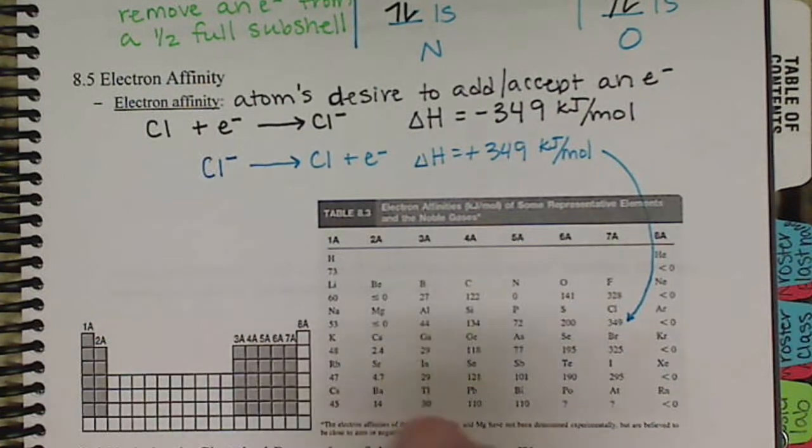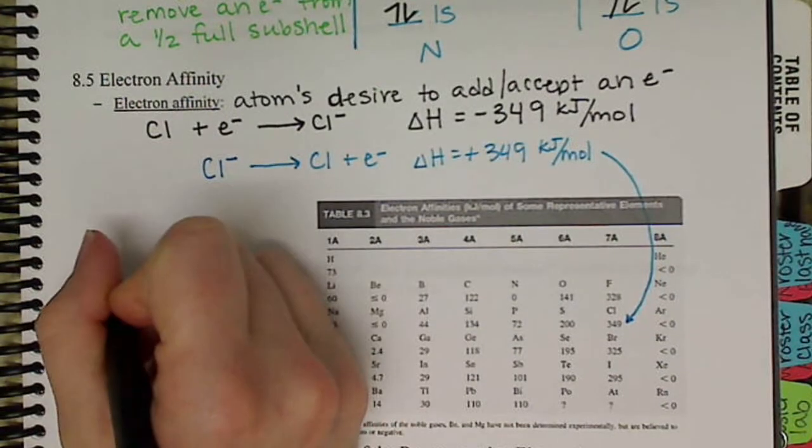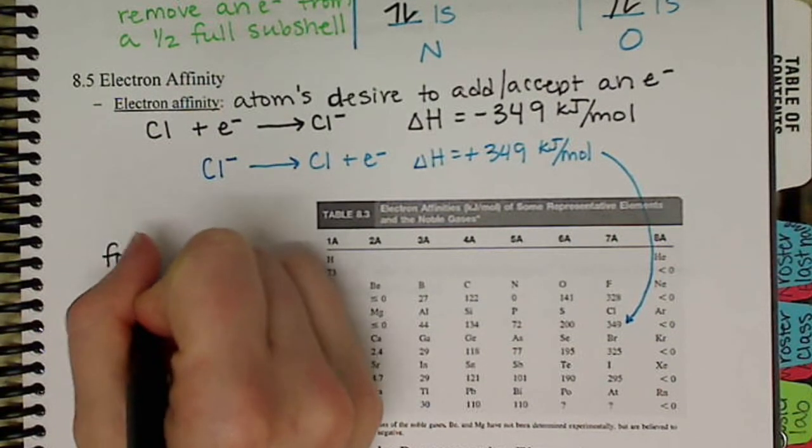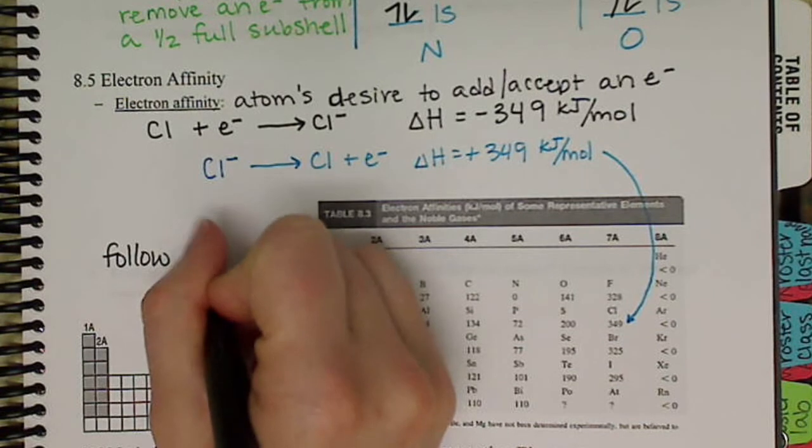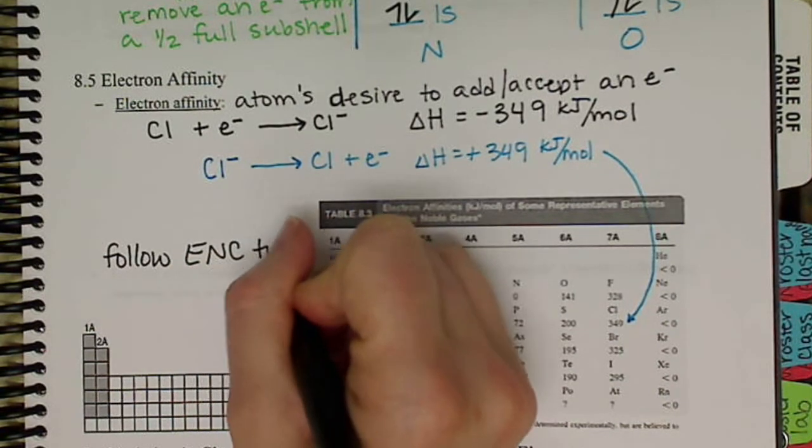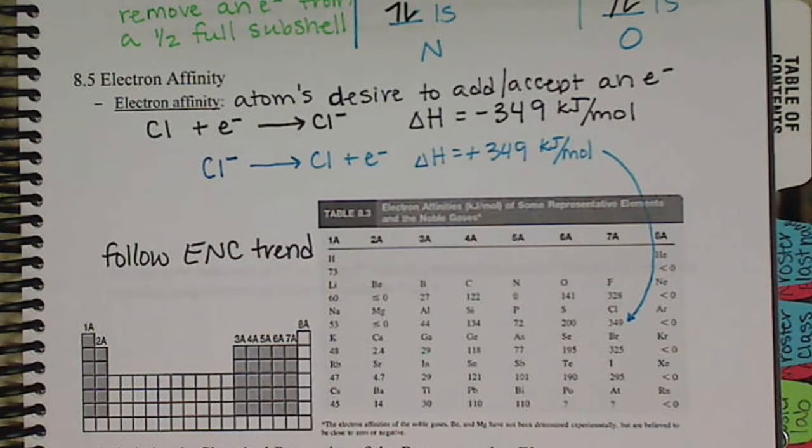Our electron affinity is going to, again, roughly follow the effective nuclear charge trend. And that is, the greater the effective nuclear charge, the greater the positive charge in our nucleus, the more energetically favorable, the more desire that atom has to gain an electron or to add an electron.